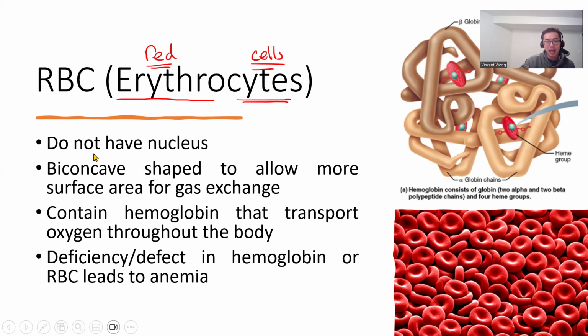They do not have a nucleus in them, and without the nucleus, it allows the cell to pinch in at the center. So that creates what we call a biconcave shape. If you look at the red cells from the side, it's pinched in at the center. That's called concave. If it's concave on both sides, then it's biconcave. By having a biconcave shape, it creates more surface area for gas exchange.